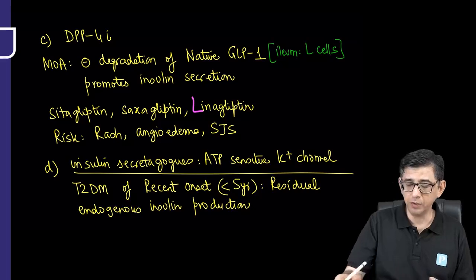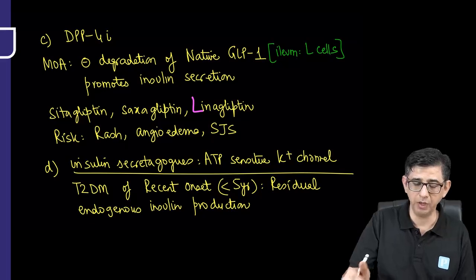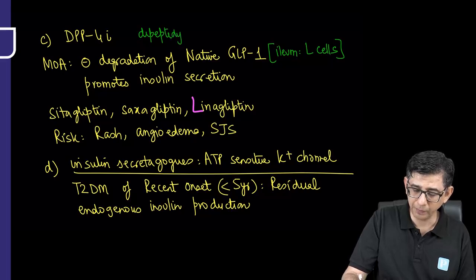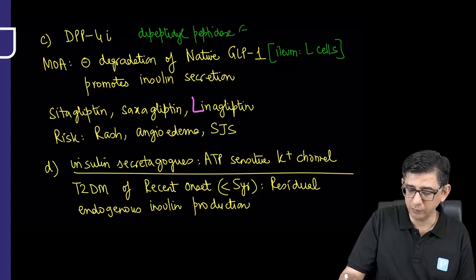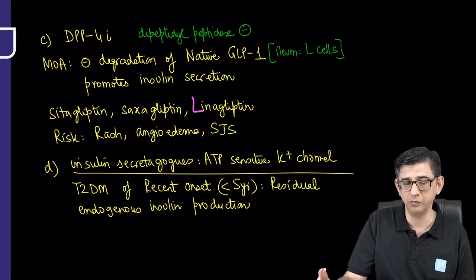However, this GLP-1 is destroyed by an enzyme by the name of DPP-4, that is dipeptidyl peptidase 4. So if I put brakes on the breakdown, this molecule is causing an inhibition of the breakdown of GLP-1, which is produced by the L cells of our ileum.